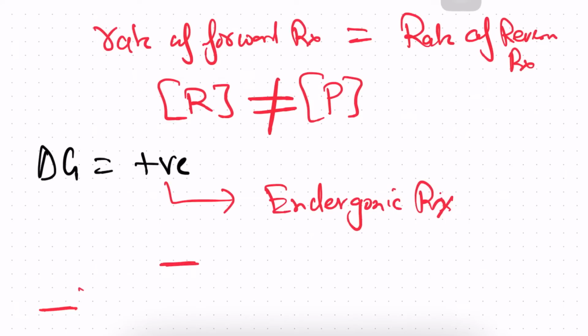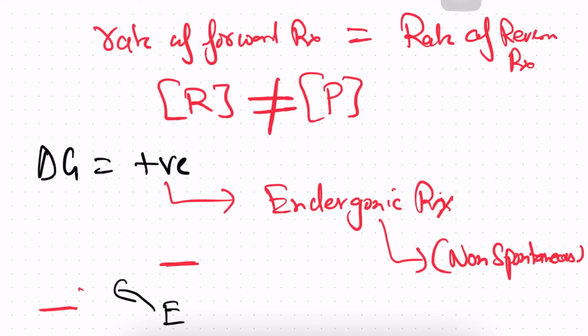So you have to supply energy. In that situation this reaction will proceed, otherwise it will not proceed on its own. Here delta G is positive in the case of endergonic reaction. In endergonic reactions you see no release of energy.